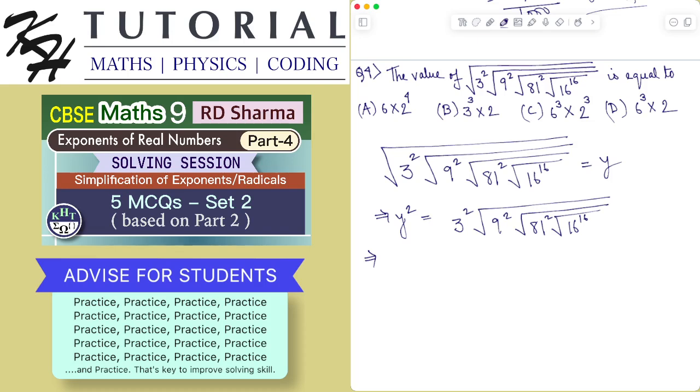From here I can say that y square by 3 square, I am dividing both the sides of this equation, LHS and RHS, by 3 square. So this is now square root of 9 square multiplied by square root of 81 square multiplied by square root of 16 to the power 16.